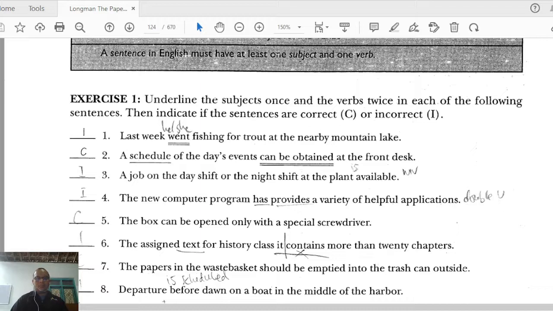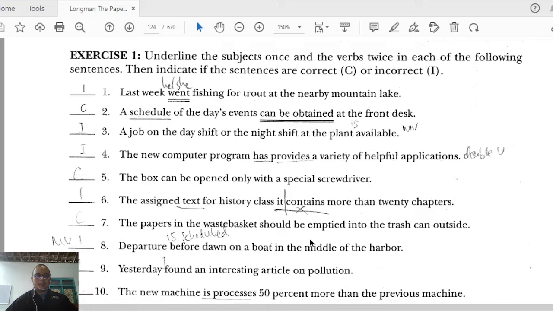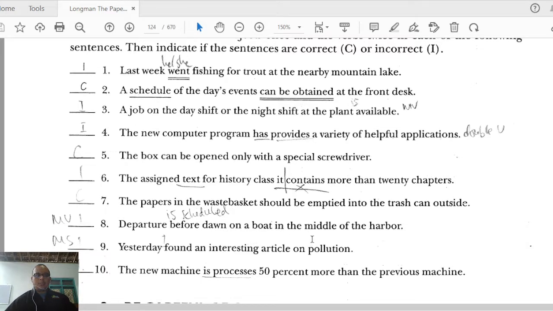And then we have no verb ya, there's no verb ya, is available nggak ada. Okay, berarti incorrect. Next one we have the new computer program has provides a variety of helpful application.